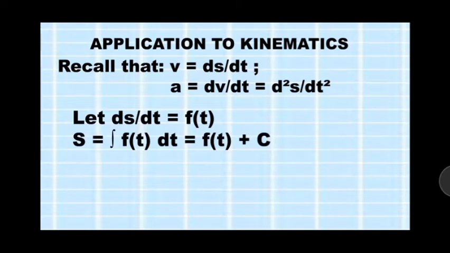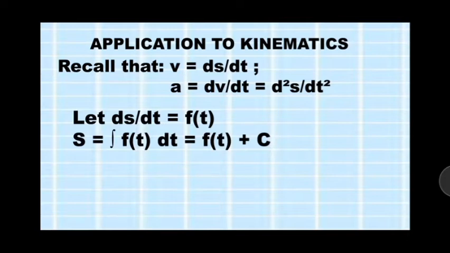Let my ds/dt be f of t. Remember, ds/dt is what? Velocity. So if I integrate ds/dt now, it's going to give me s, distance. You remember, integration is what? Anti-differentiation.